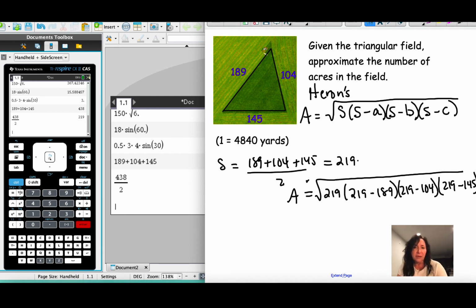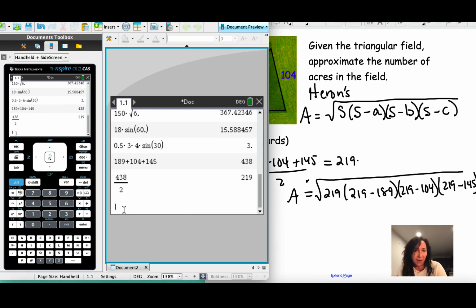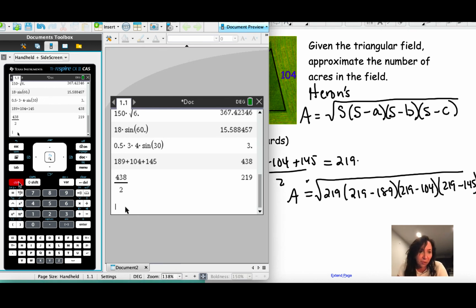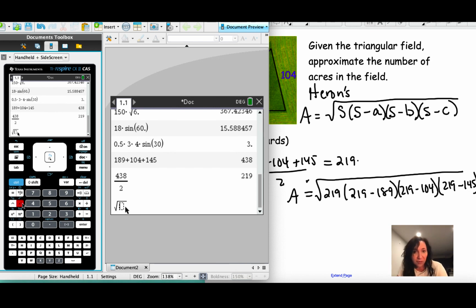And luckily, we have this super awesome calculator that will just do that for us. So we're going to go control root. And even though it's a little tedious typing it in, hey, it's doing that for you. So we have 219 times (219 minus 189), close the parenthesis, add a new parenthesis, (219 minus 104), close the parenthesis, (219 minus 145), close the parenthesis.